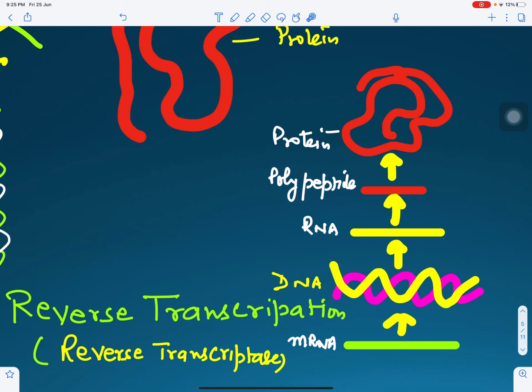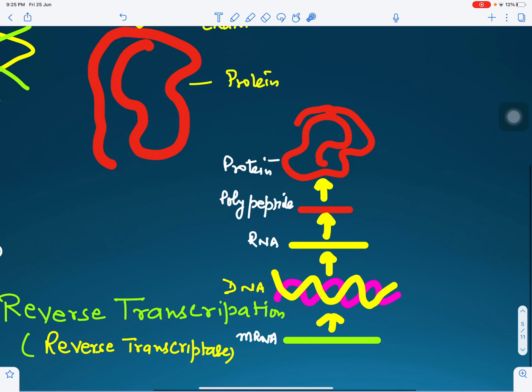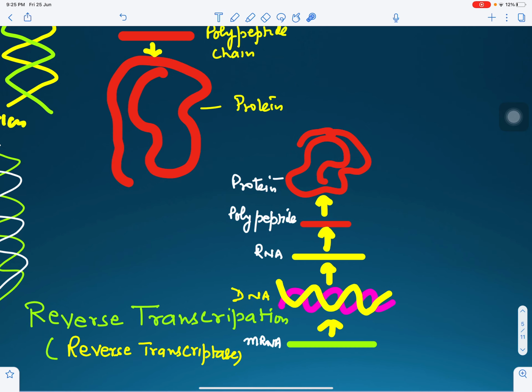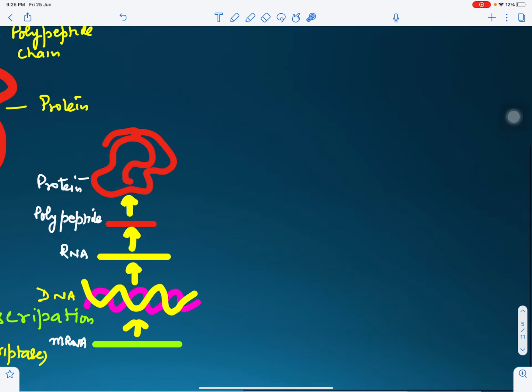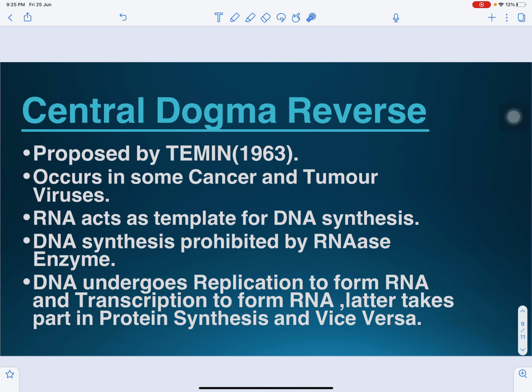So reverse flow of information is there. Otherwise, we have seen information flows from DNA to RNA. But here information is from RNA to DNA. So this is called reverse flow of information, and this phenomenon is called reverse transcription. And this is also called central dogma reverse.